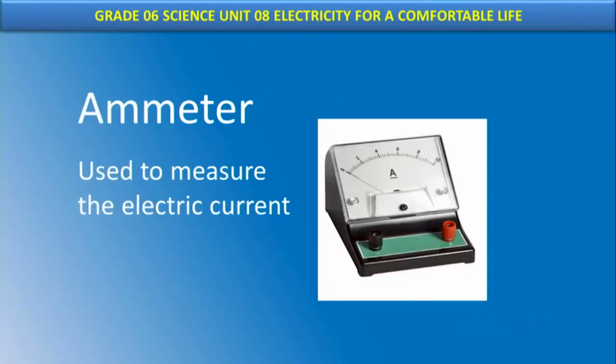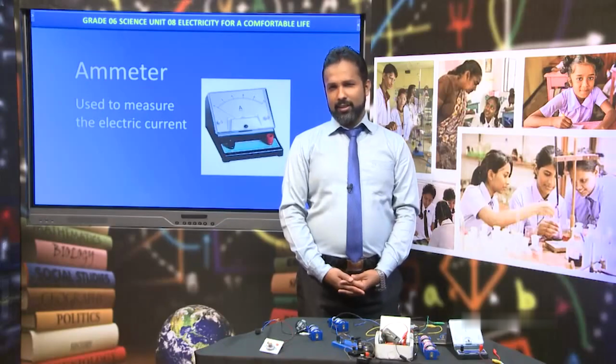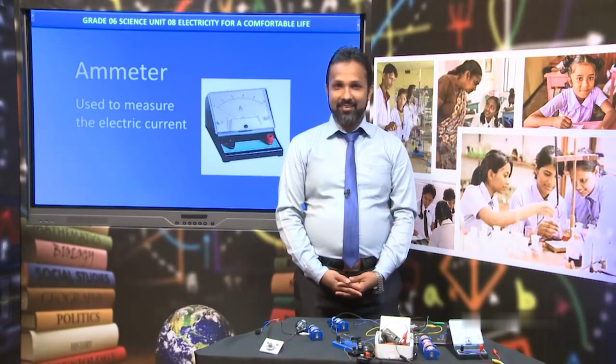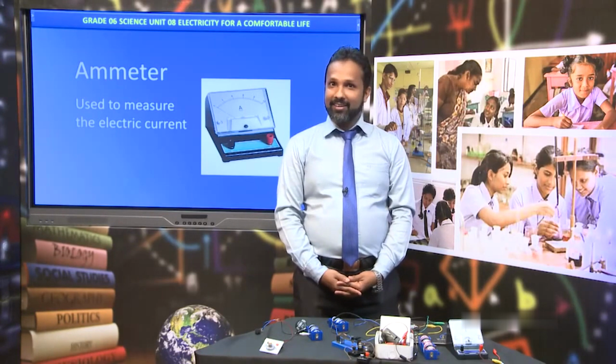Right. Another important accessory that we use in our school laboratory is the ammeter. Do you know what is called an ammeter? Have you ever seen an ammeter? I am going to show you an ammeter.